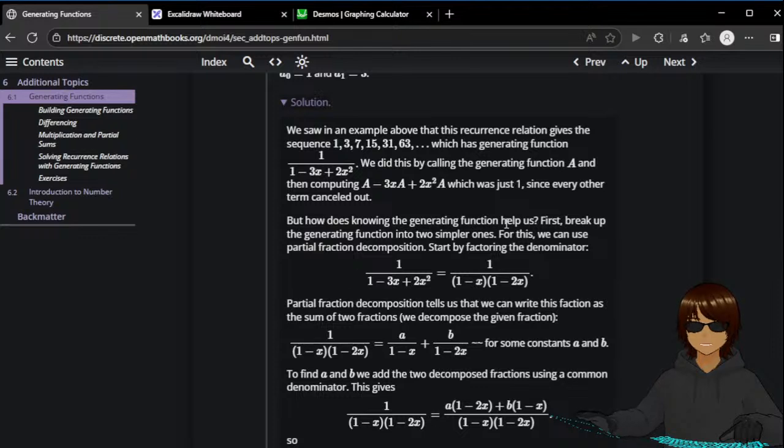But how does knowing the generating function help us? First, break up the generating function into two simpler ones. For this, we can use partial fraction decomposition. Start by factoring the denominator.